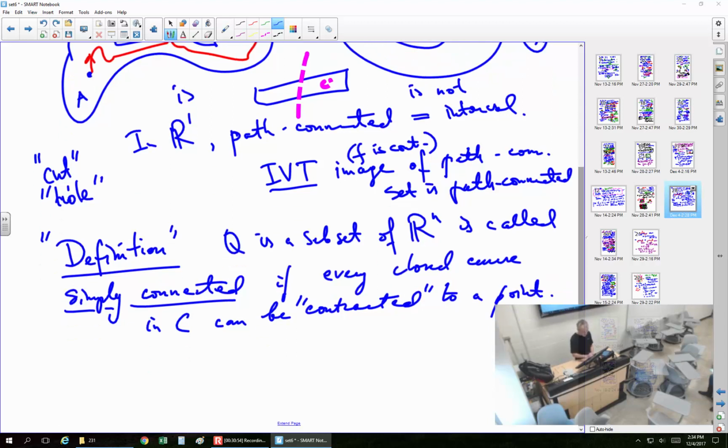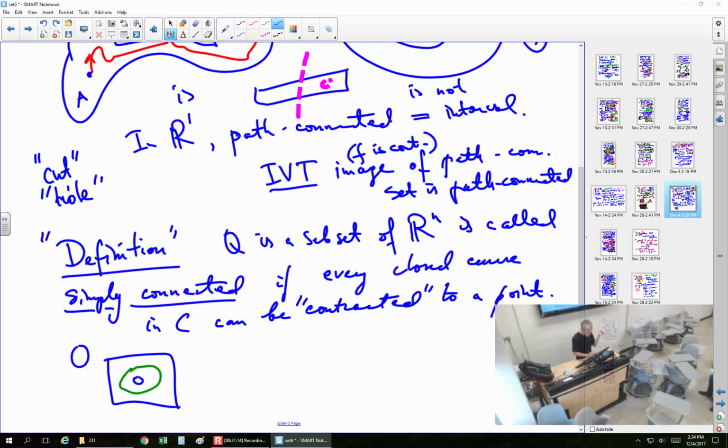Okay, so say you have a square and you cut out a circle in the middle, or you remove just one point. Then this kind of closed curve cannot be contracted to a point without leaving the set itself.